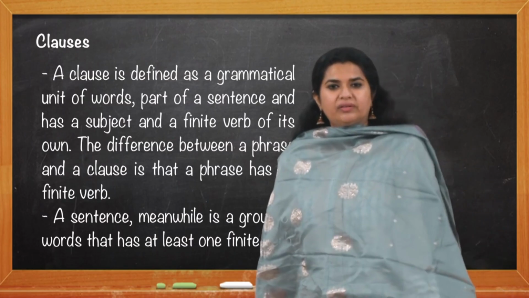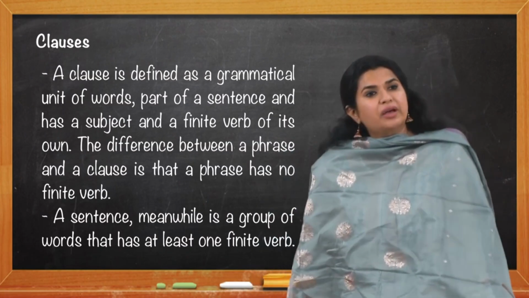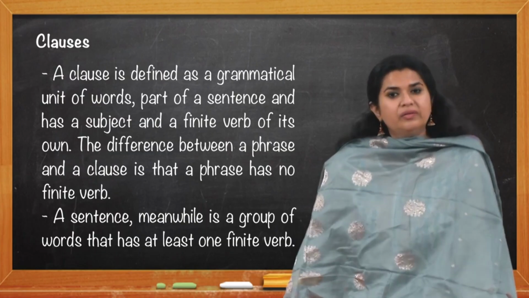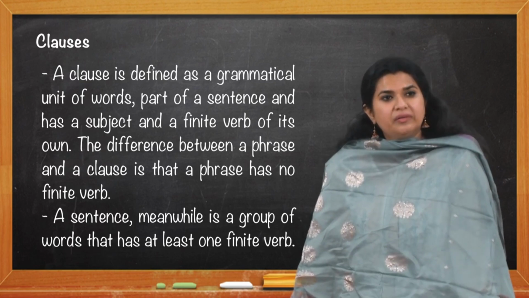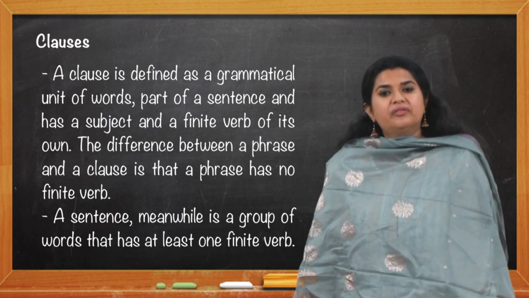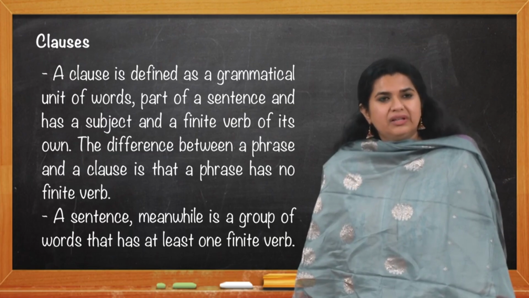So, what are clauses? A clause is a grammatical unit of words. It is part of a sentence and has a subject and a finite verb of its own. The difference between a phrase and a clause is that a phrase has no finite verb, while a clause has some meaning.